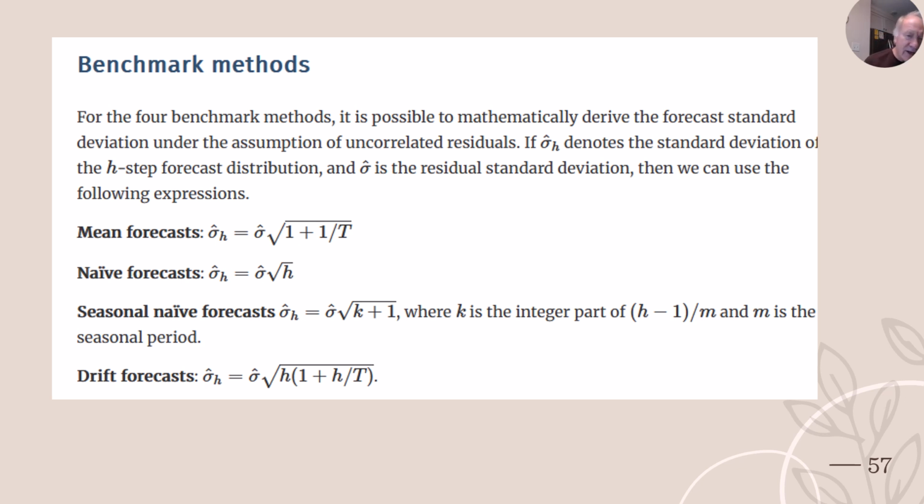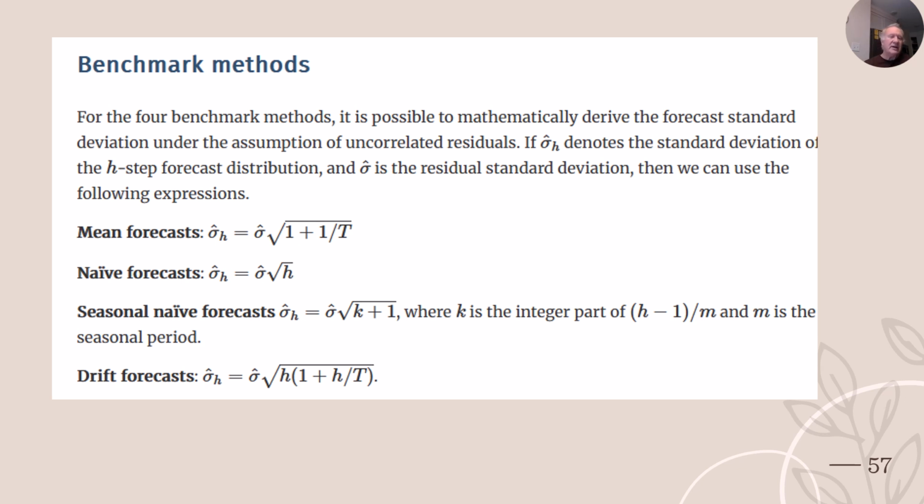For the mean forecasts, sigma_h is equal to sigma hat times the square root of 1 plus 1 over T, where T is the number of values you have. For the naive forecast, sigma_h is equal to sigma hat times the square root of h.